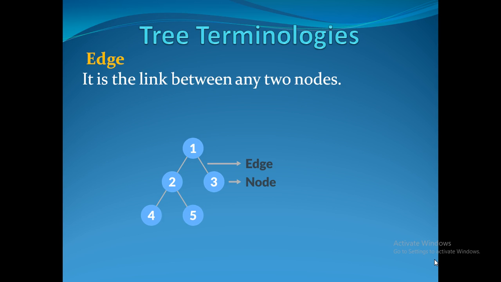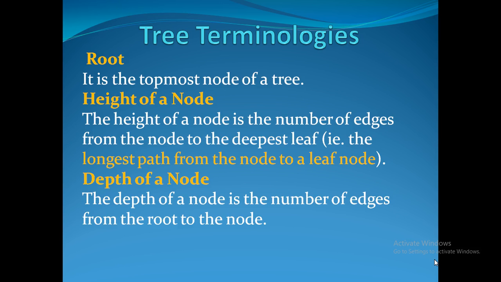Here 3, 4, 5 are the leaf nodes, and from 1 to 3 we have only one edge, 1 to 4 we have two edges, and 1 to 5 also has two edges. So the height of the root node is 2, because the largest number of edges from the root node to a leaf node is considered the height of a node.